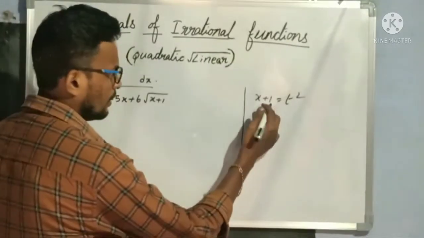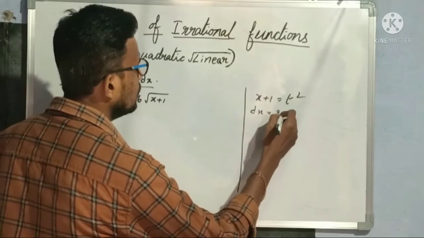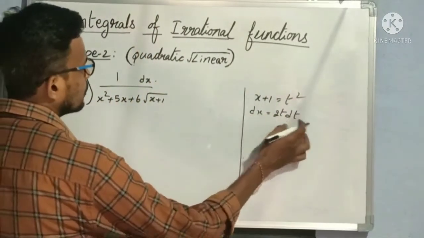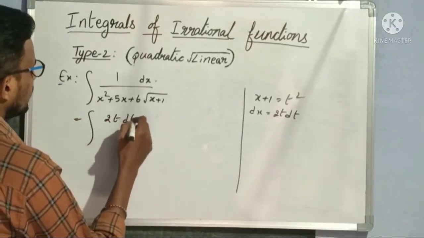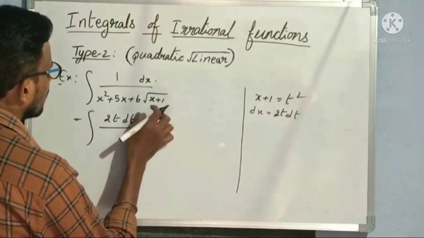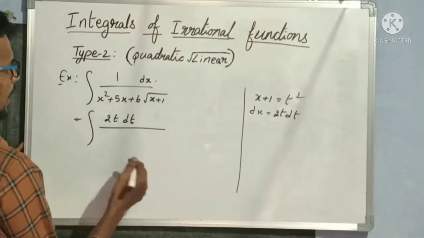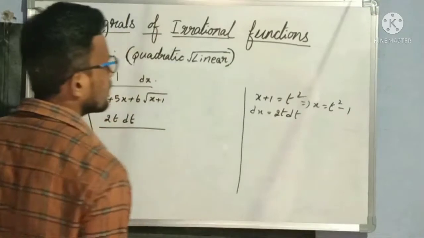Differentiating, dx is equal to 2t dt. So substituting 2t dt in place of dx, this is equal to integral of 2t dt by x square, where x is equal to t square minus 1.